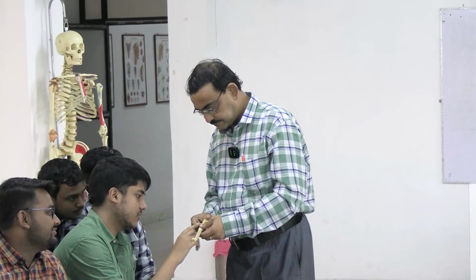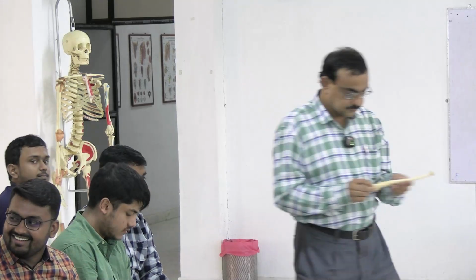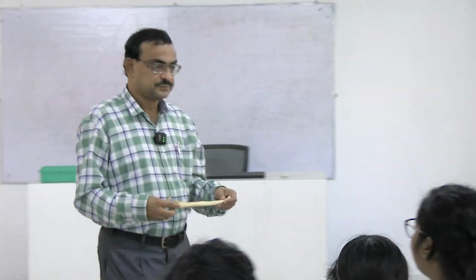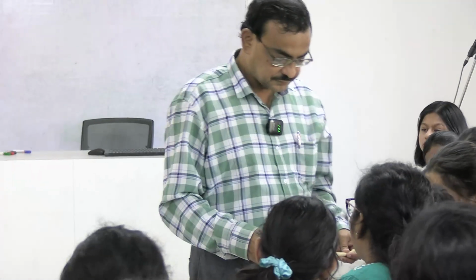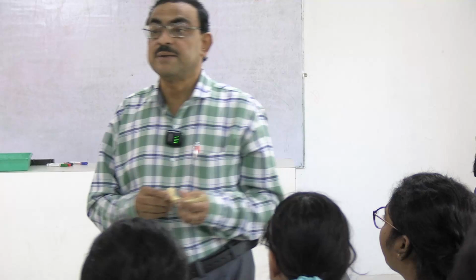This is the supinator crest. ঠিক আছে। Supinator crest. এই যে বাবু, এই এটা দেখছো, এই যে ল্যাটারাল এখান থেকে এই এত বড় supine, because that muscle, that is supinator muscle, takes its origin from here.